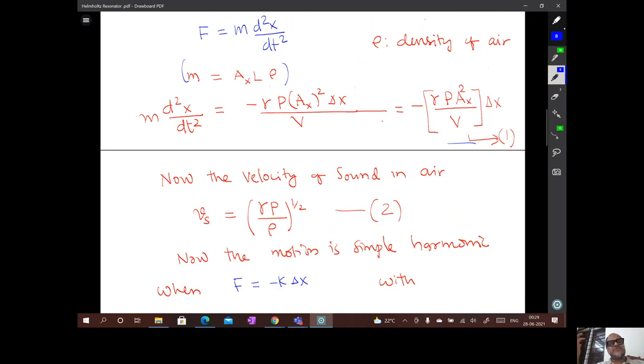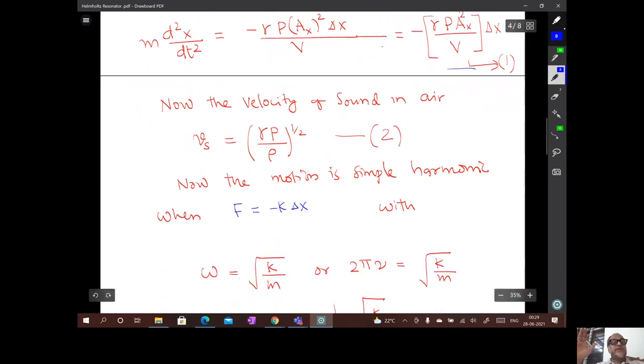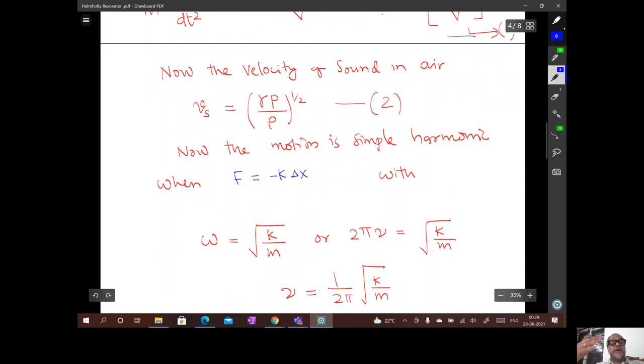That comes from what is called the lumped parameter model. It depends on the geometry of the neck and various other factors. As I told you, this is the simplest way of understanding the physics of Helmholtz resonance, so I am avoiding all complications. Now, the velocity of sound is gamma p by rho, all to the power half.